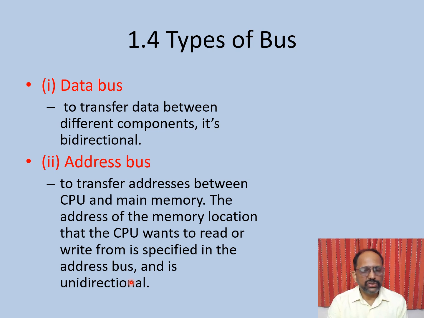What kind of data? The memory location address moves from the address bus to the CPU. From the data bus, the actual data from a particular location moves from main memory to the CPU.